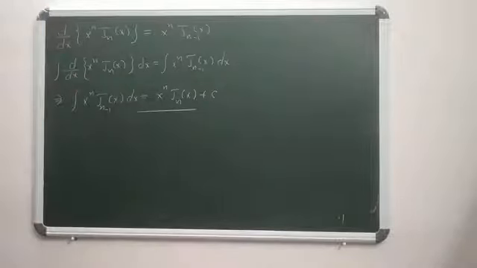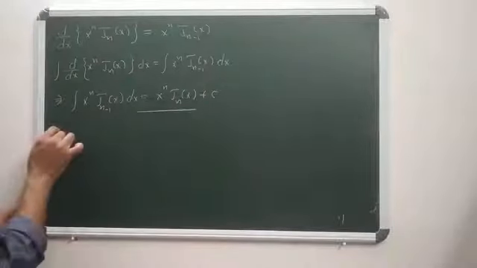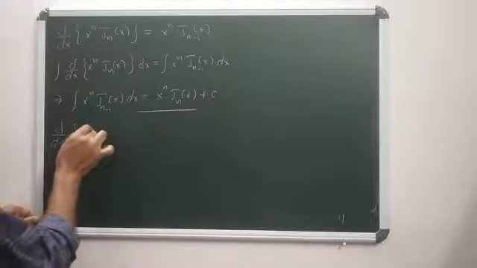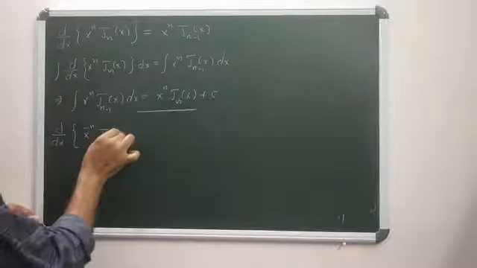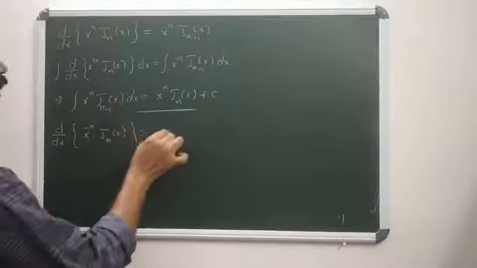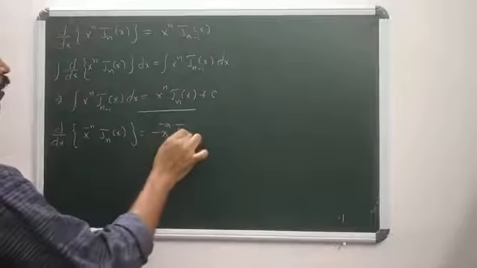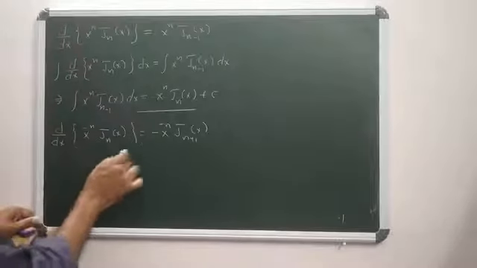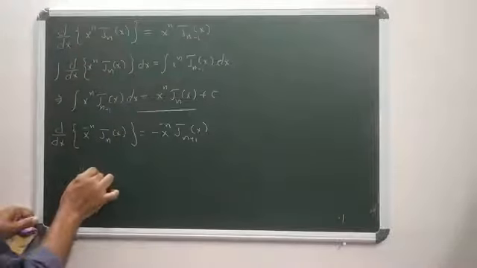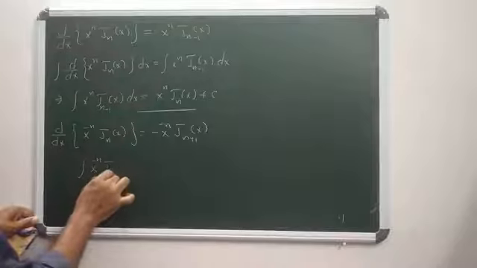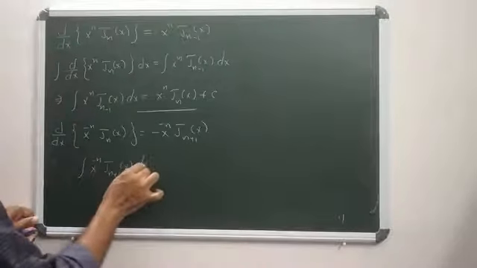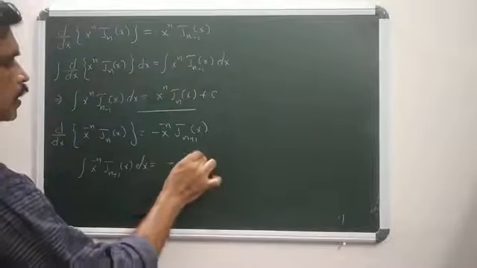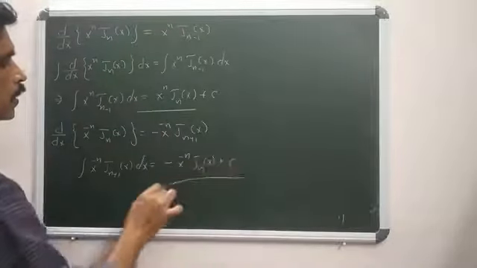Similarly, you can use the second recurrence relation, d/dx of x^{-n} J_n(x) equals minus x^{-n} J_{n+1}(x). Again on integration, what do I get? The integral of x^{-n} J_{n+1}(x) dx equals minus x^{-n} J_n(x) plus the integrating constant c.